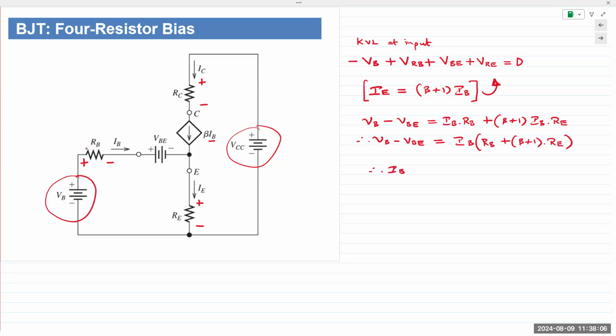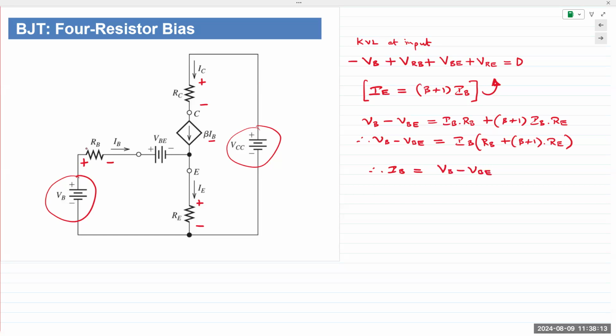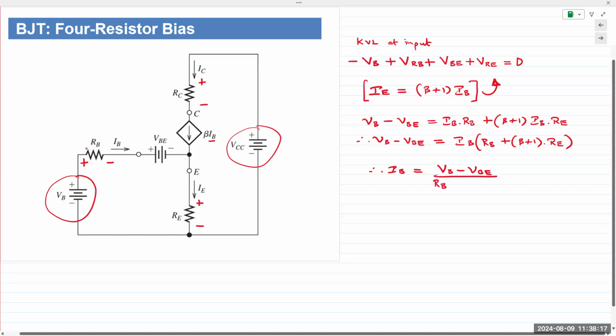And we obtain an expression for IB as VB minus VBE divided by RB plus beta plus 1 RE. And that is the expression for the input current.